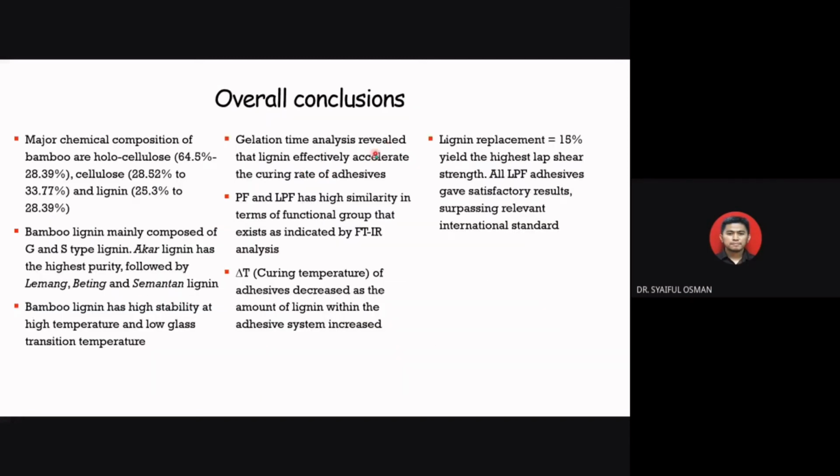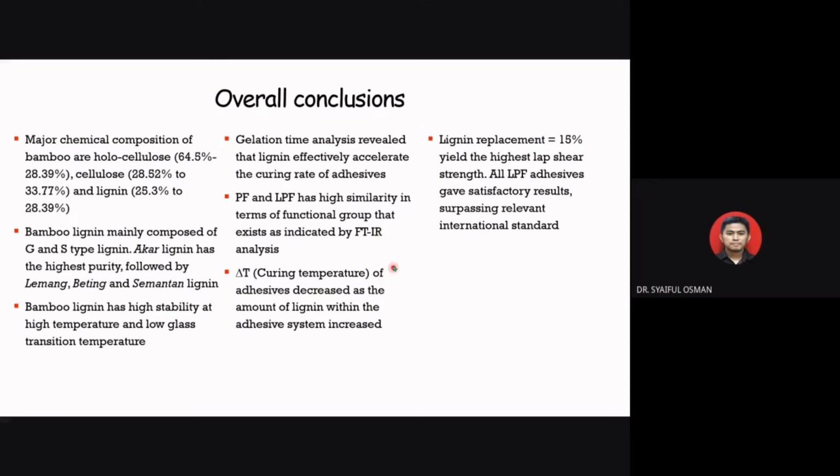So here is the overall conclusion from my study. Here we just focus on the lignin utilization in the synthesis of adhesive. From the result, the gelation time analysis revealed that the lignin effectively accelerates the curing rate of the adhesive, and both PF and LPF have a high similarity in terms of functional group, as further indicated by the FTIR and NMR analysis.